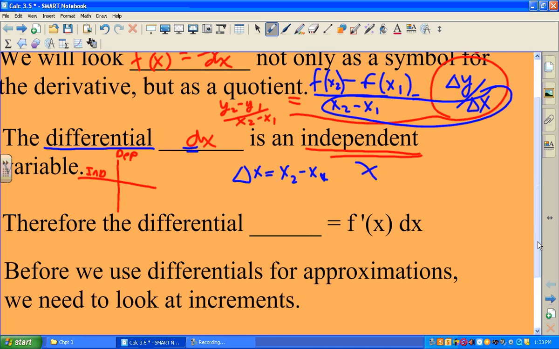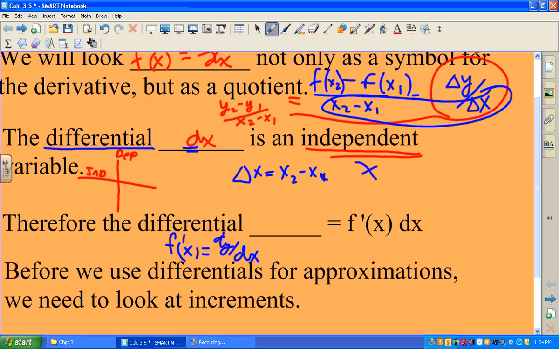Therefore, the differential, what did we say the derivative equaled in the first blank? dy over dx. So we said that f prime of x equaled dy over dx. And we called this a quotient, didn't we?